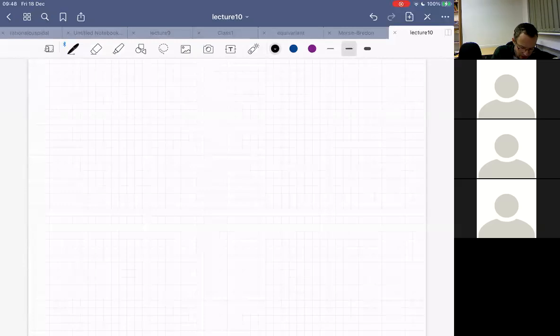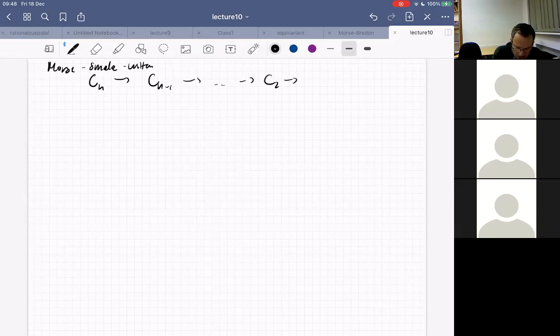So we have a Morse–Smale chain complex C_n, C_{n-1}, down to C_2, C_0, then 0, because there are no critical points of index 1. So this is a 0 map.